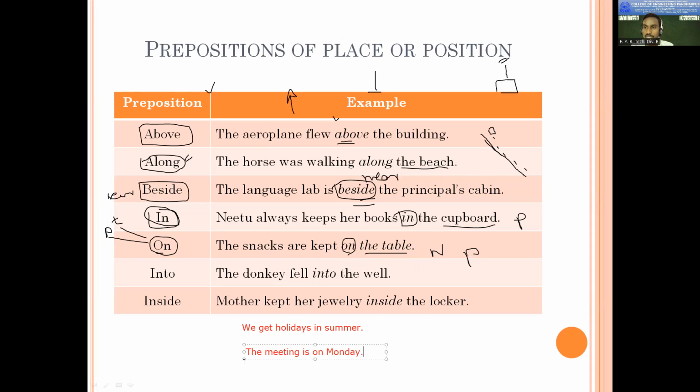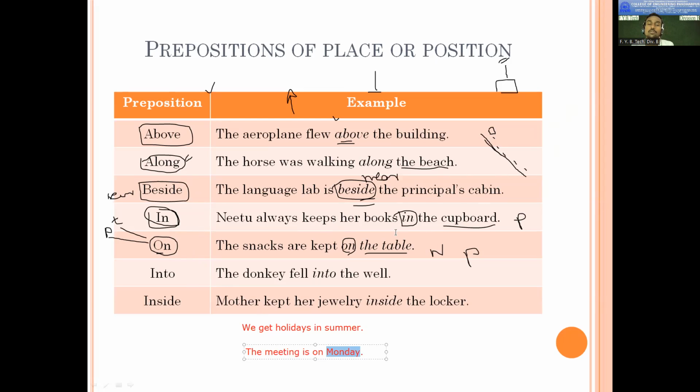When you say on Monday, Monday is referring to time. So for this reason, you can understand different contexts. It depends upon the speaker, the writer, the user, for which reason which preposition is going to be suitable. Accordingly, they can use it.